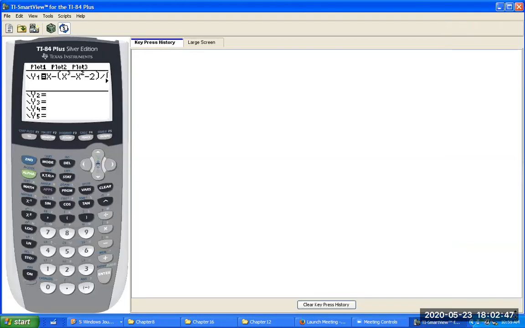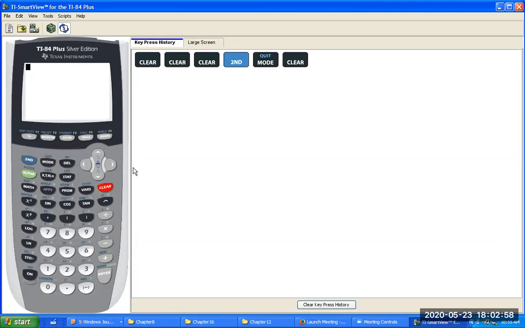Let's do 5 factorial. I press 5, go to math, go to probability, PRB, and the fourth one down is the factorial.